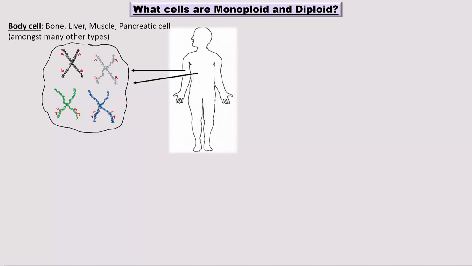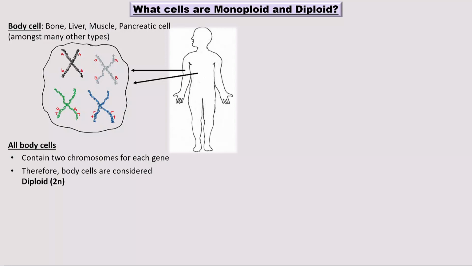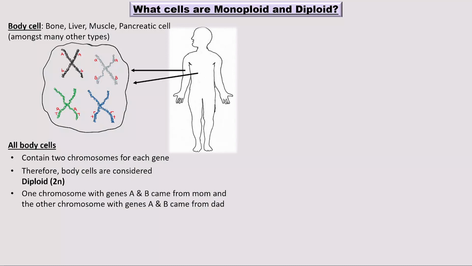Your body cells, all body cells, contain 2 chromosomes for every single gene. Therefore, they're considered diploid. 1 chromosome with genes A and B came from mom, maybe the black chromosome in the upper left-hand corner. And the other chromosome with gene A and B, the gray one, might have come from dad.